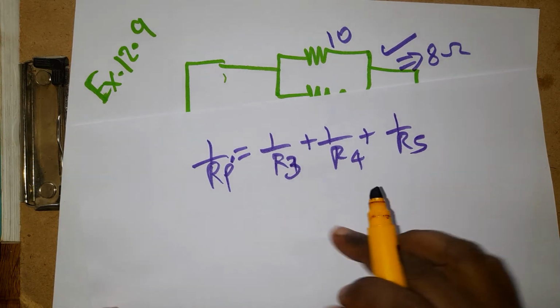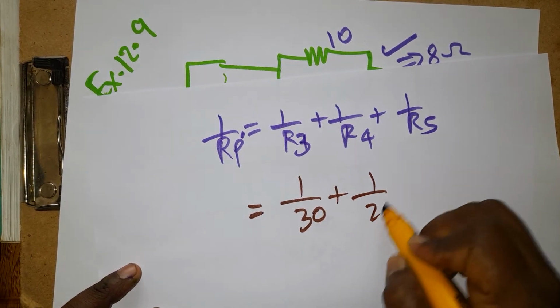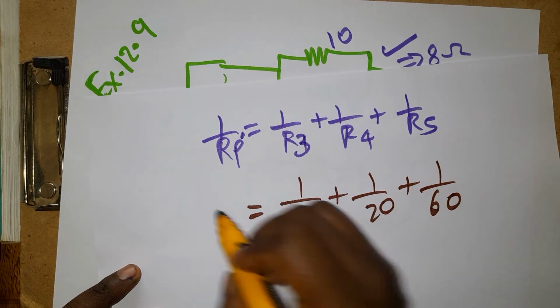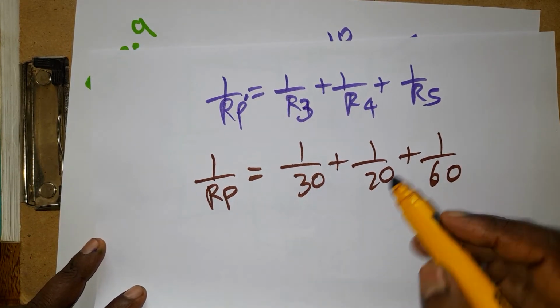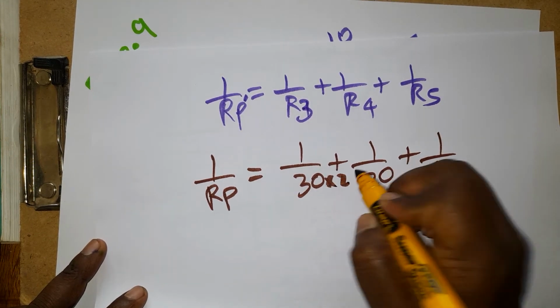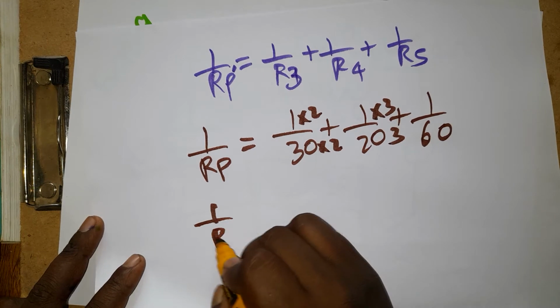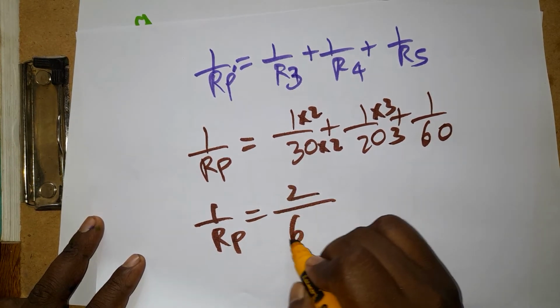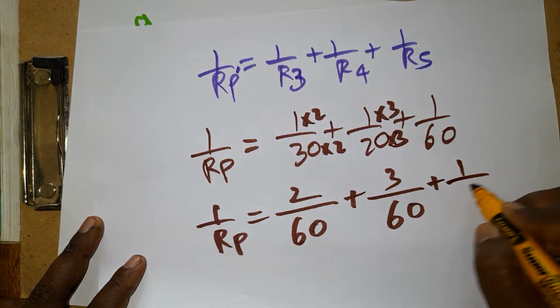R3 is 30, R4 is 20, R5 is 60. Make the common LCM as 60. If you want 60 here, multiply with 2; here, multiply with 3. So 1 by Rp is equal to 2 by 60 plus 3 by 60 plus 1 by 60.